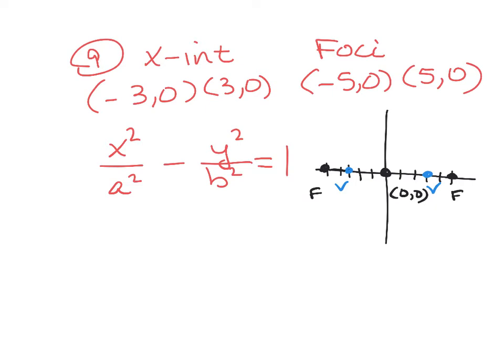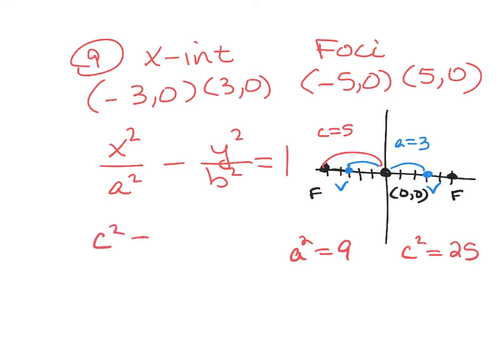So I can get my a value. You can see that it's 3 spaces away. And my c value is going to be 5. So a squared equals 9 and c squared equals 25. So now I'm going to use the formula c squared equals a squared plus b squared, because that's what I'm filling in.